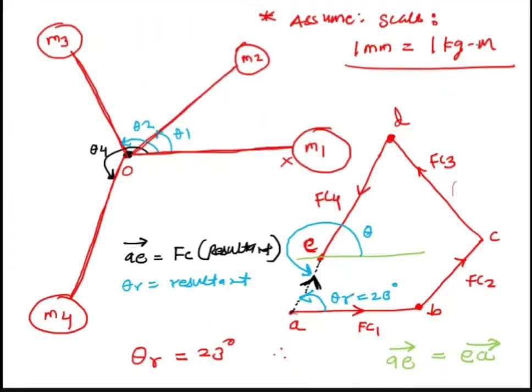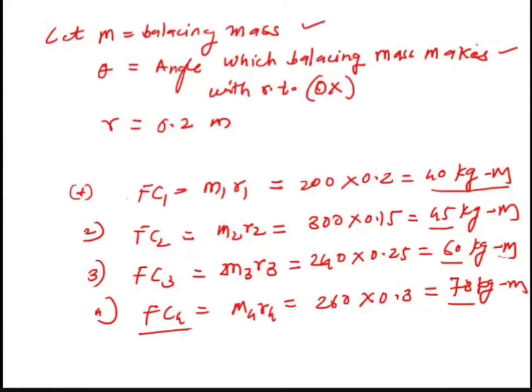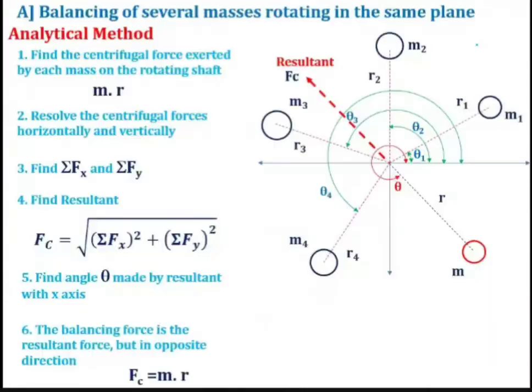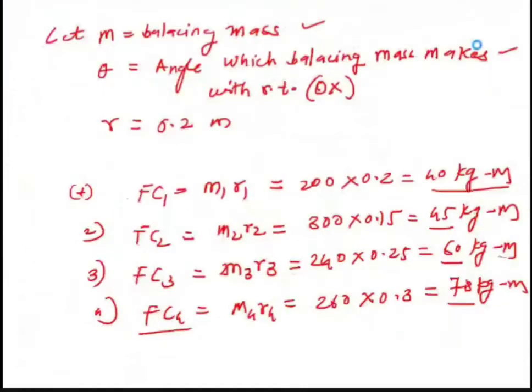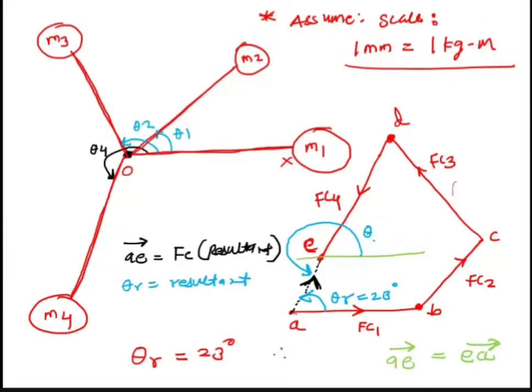What is a balancing angle? Balancing angle is the angle which is made with the horizontal axis, right? So I have shown here. So this theta is nothing but the balancing angle. Okay, is it clear? So I hope you have understood this.